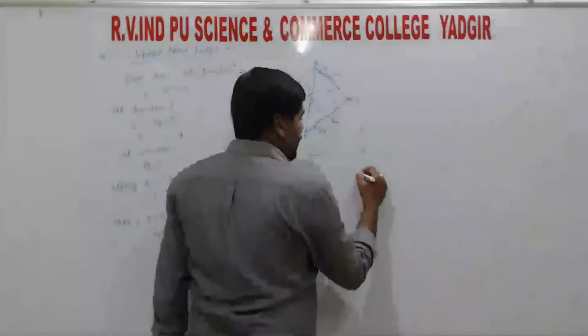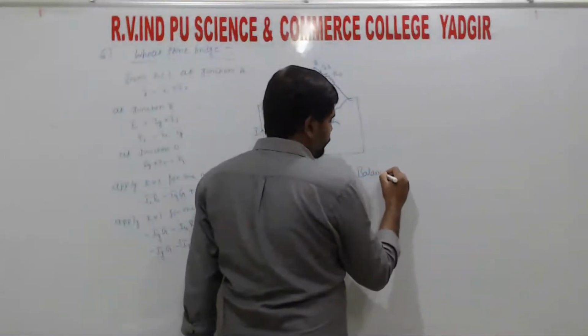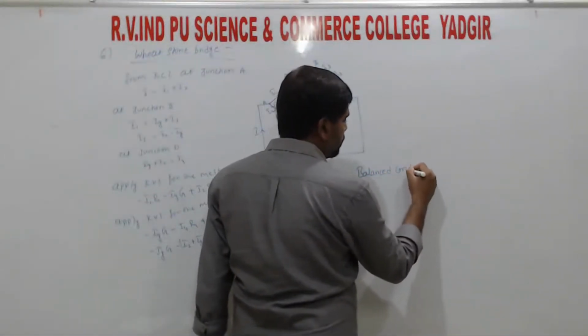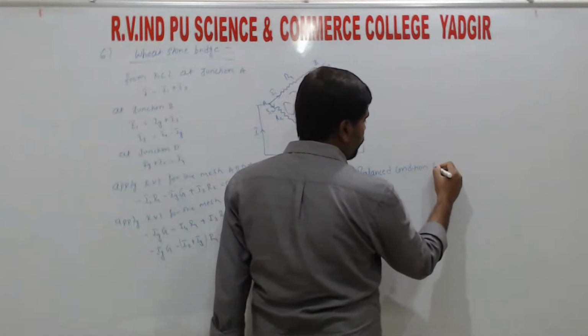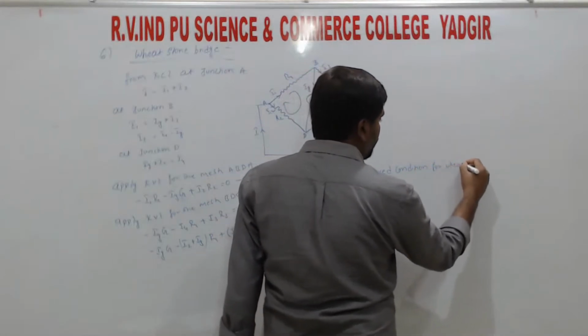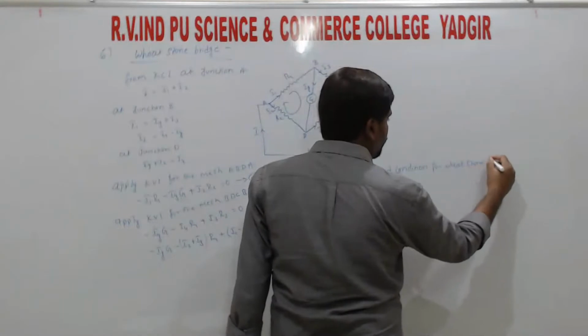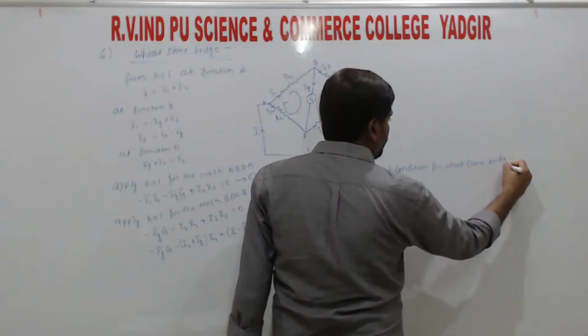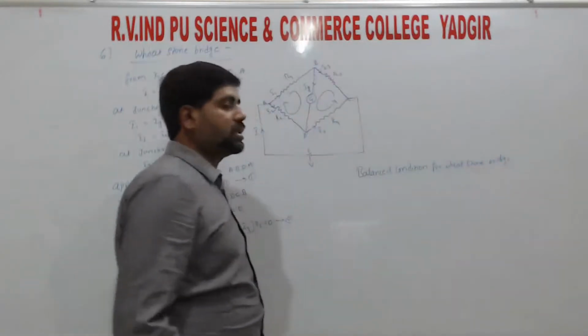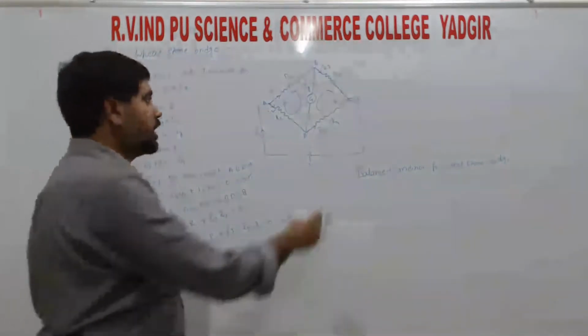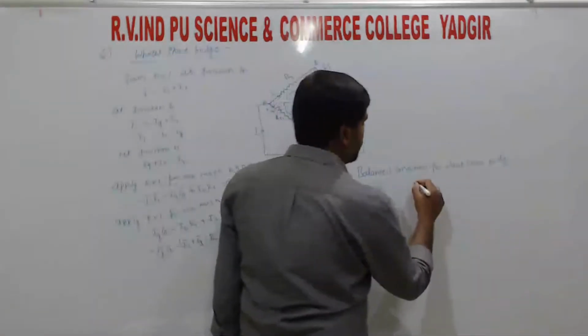So balanced condition for the Wheatstone bridge: that is current through the galvanometer is 0, right?